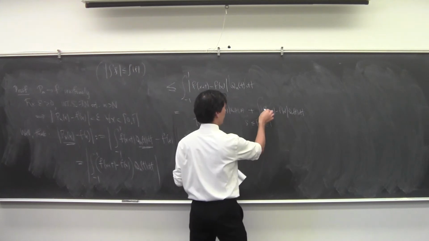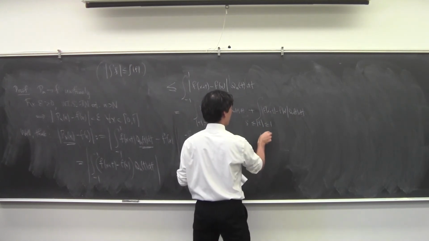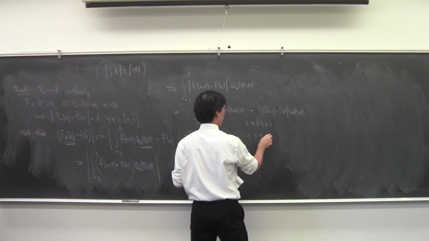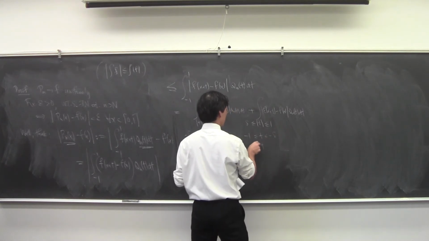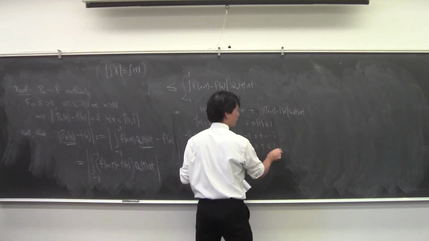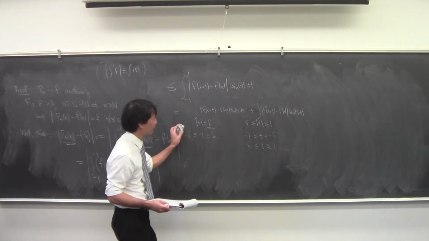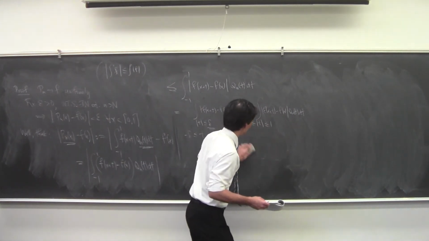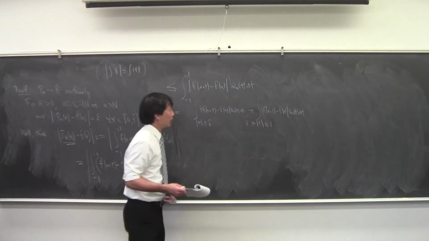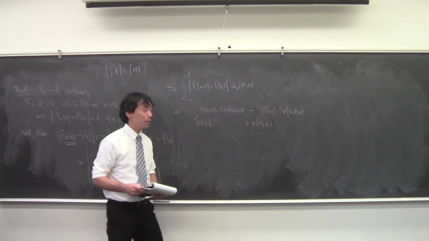And here the integral has t going between -1 and negative delta, and also between delta and 1. Let me write it more concisely. Maybe you see what's going to happen.